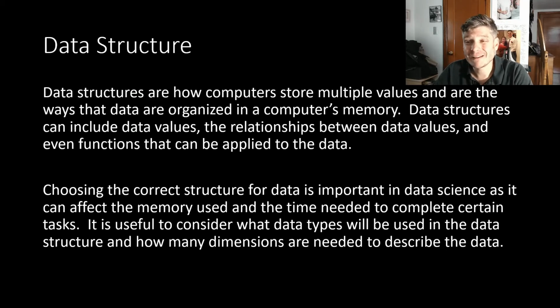They can actually be fairly broad in scope, and it is important to make sure that we choose the correct function for data as we continue on in our data science careers and start doing more and more complex things, particularly if we want to get into data engineering or database design, because it's very useful to consider what the data types will be and how our data is going to be used to create our data structures so that our computers can run as efficiently as possible.